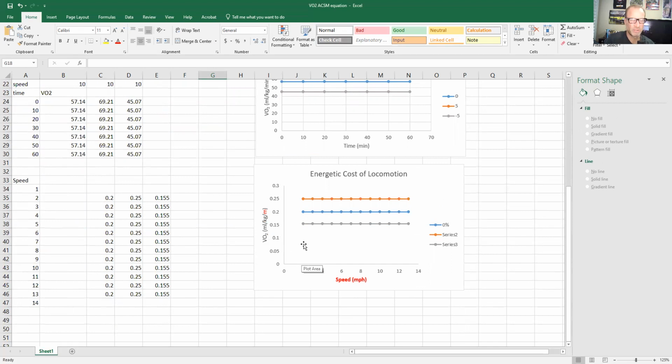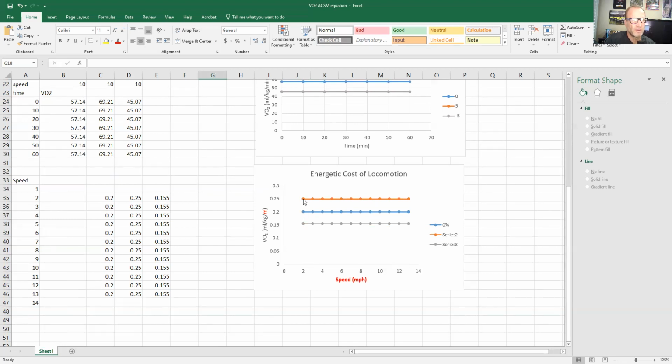All right, so what are we looking at here? Now I've got this much oxygen consumed regardless of what speed we're running at. All right, let me say that again. This is the amount of oxygen consumed for any of these speeds.